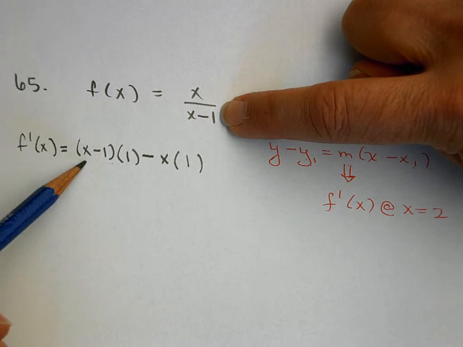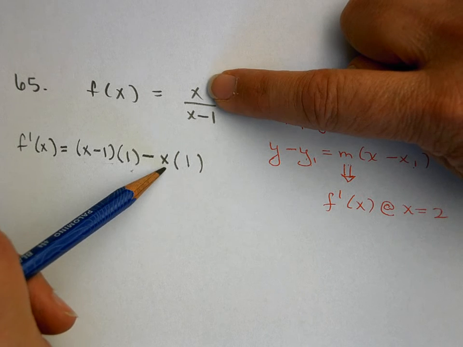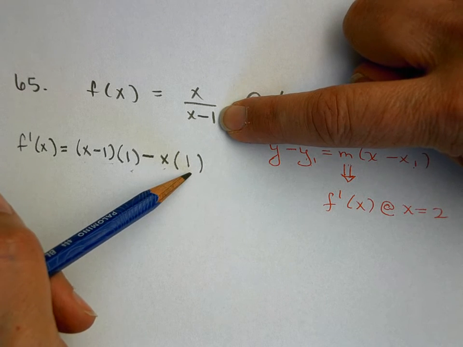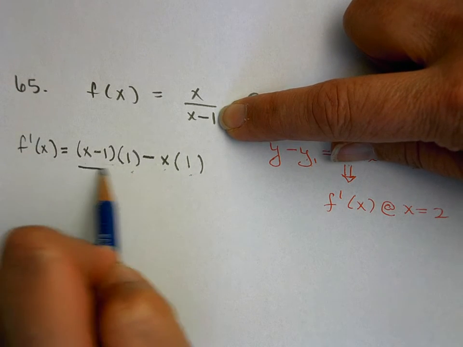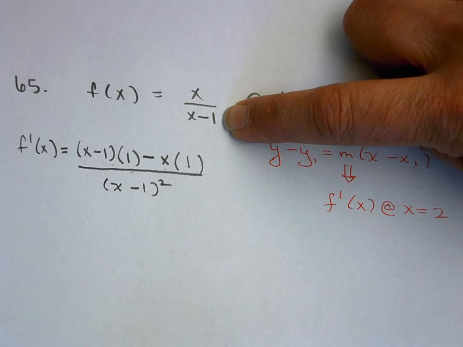So low, D high, derivative of the high, minus high, and then D low, derivative of the denominator, all over the square of what's below.